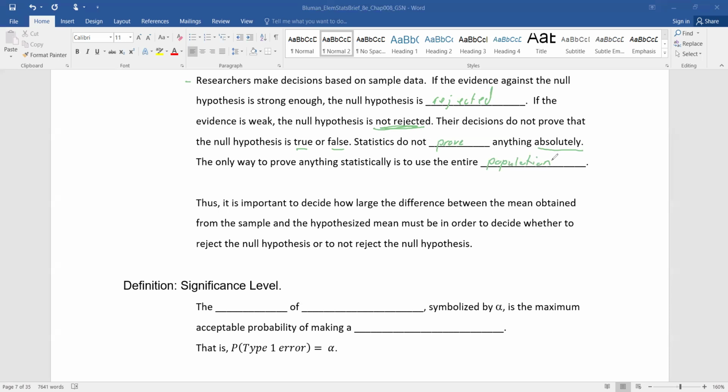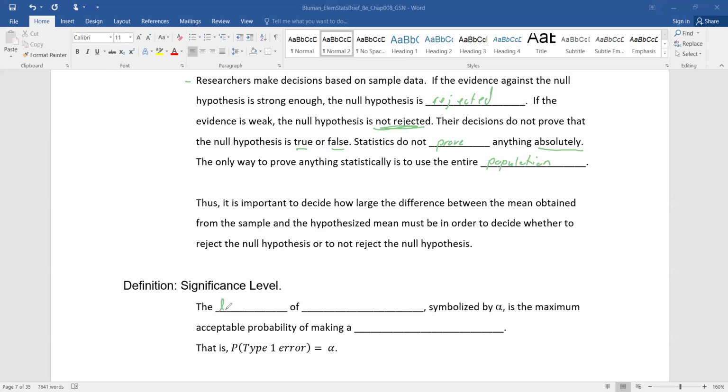Thus, it is important to decide how large the difference between the mean obtained from the sample and the hypothesized mean must be in order to decide whether to reject the null hypothesis or to not reject the null hypothesis. That's the next step. What is the significant level that I keep talking about?